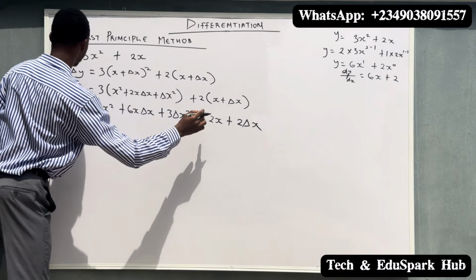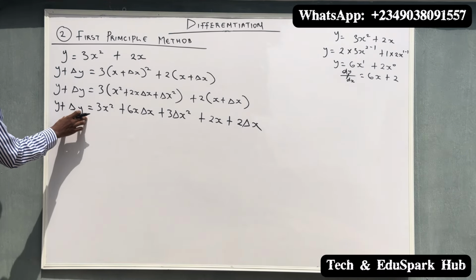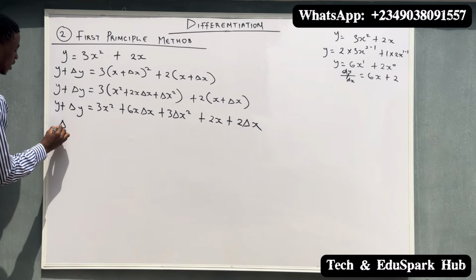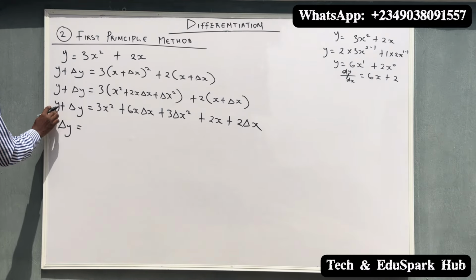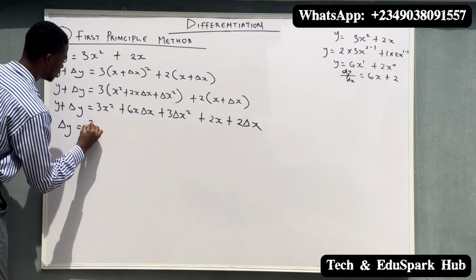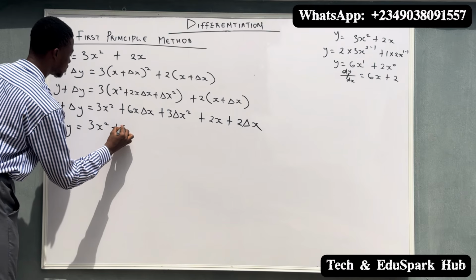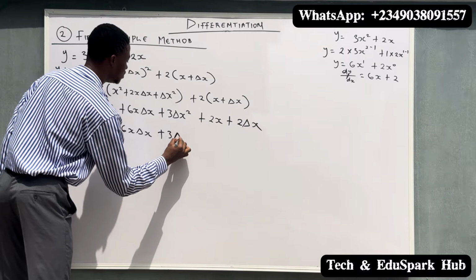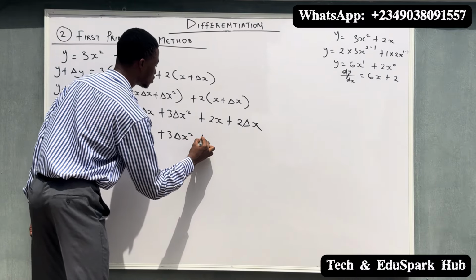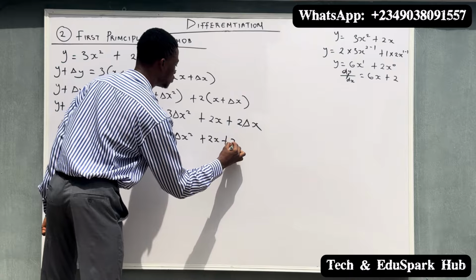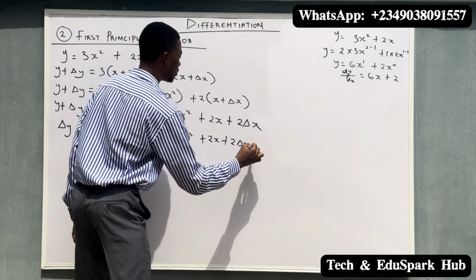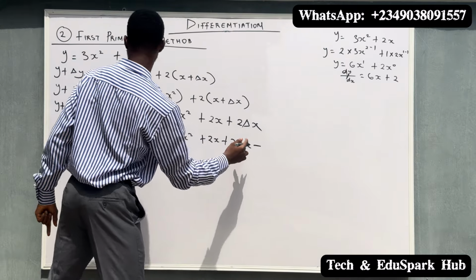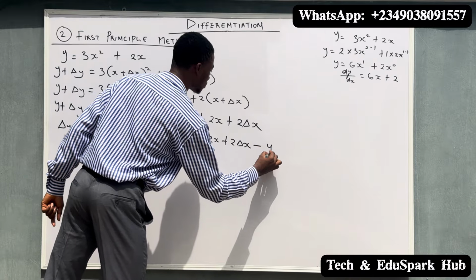Now that we have done this, the next step is to carry y to the opposite side of the equal sign, because the goal is to have change in y on the left hand side alone. So we have change in y equal to 3x squared plus 6x change in x plus 3 change in x squared plus 2x plus 2 change in x, and minus y, because when we carry y to the opposite side, we have minus y.